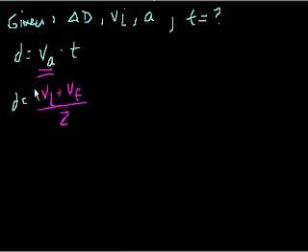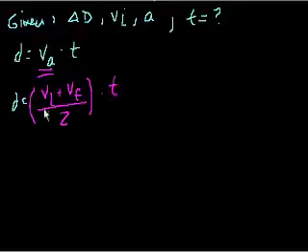The only reason we can just average the initial and the final is because we're assuming constant acceleration. That's very important. But in most projectile problems, we do have constant acceleration downwards, and that's gravity. So we can say that the average of the initial and the final velocity is the average velocity, and then we multiply that times time.